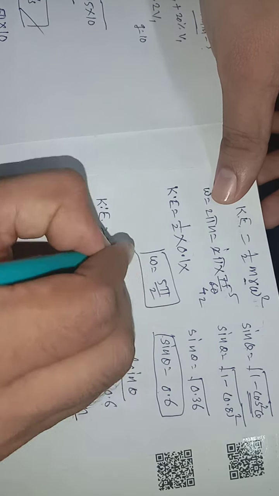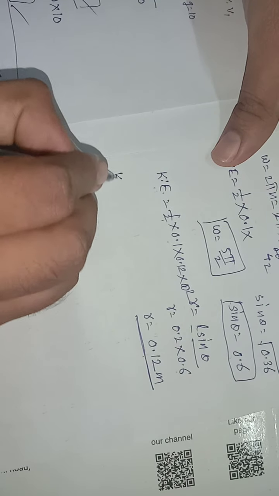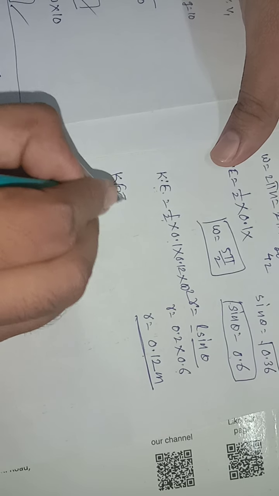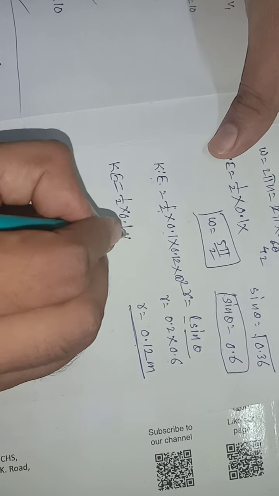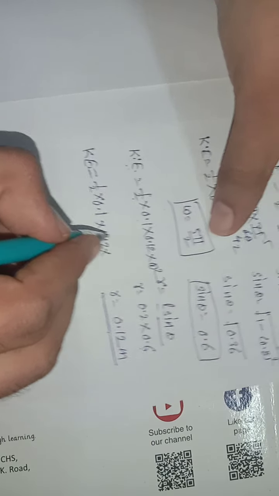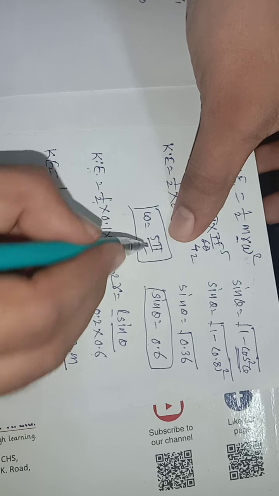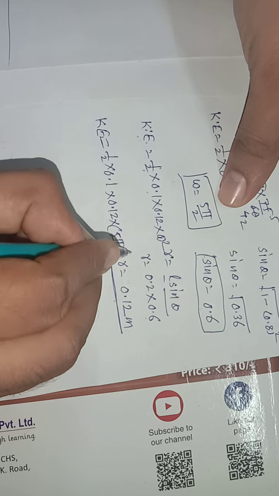So kinetic energy is equal to half into 0.1 into 0.12 into 5 pi by 2 bracket square.